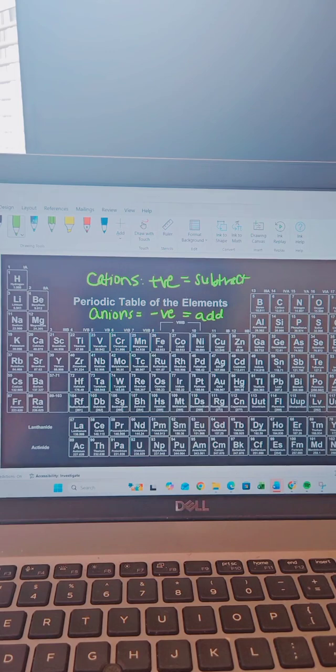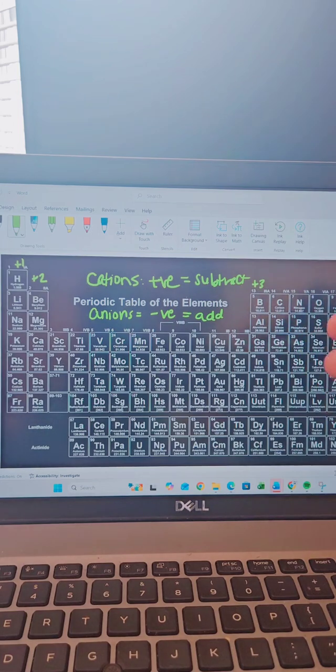Now, here is the catch, though. To remember what they're equal to, I'm going to write them out up here at the very top. Majority of the periodic table is positively charged, okay? So group 1 has a positive 1 charge. Group 2 has a positive 2 charge. Group 13 has a positive 3 charge.